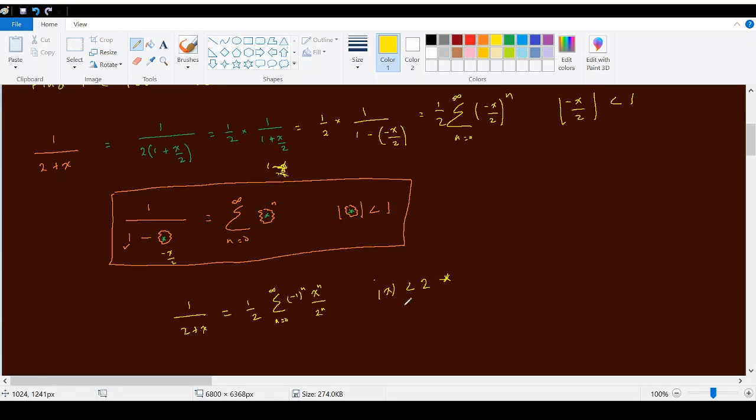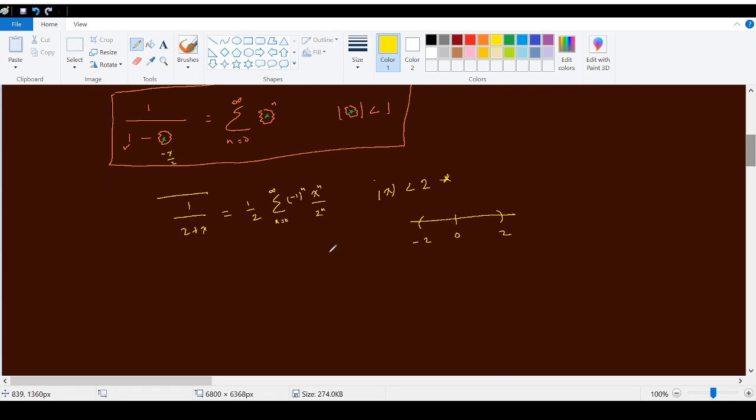So this says for all the x values within this region with the modulus less than 2, that is -2 and 2 with open brackets, right? So for all these x values, we can write this function as a power series.